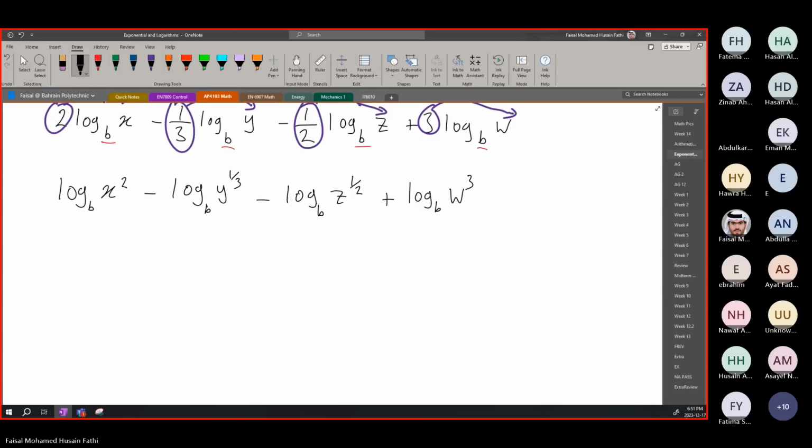Again, we can just simplify all of this. You can do it in one step or multiple steps. This is divide, and this is multiply. So I'm just going to do it in one step this time.